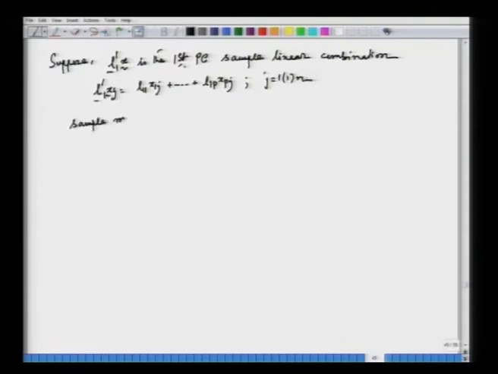In that case I can express the sample mean of this component as L1 transpose X bar, and this is nothing but 1 by n times the sum over j from 1 to n of L11 X1j up to L1p Xpj.